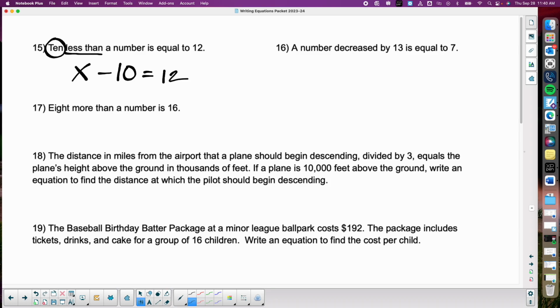Were we supposed to write 22? Would that work? Or do you have to write a number or a letter? Are you talking about where the X is? You can pick whatever letter you would like to put in place of it. In the sentence, it says a number, so maybe some people are going to pick N or something.